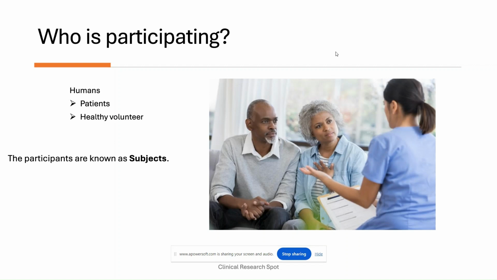It is not the case that everyone can participate in the clinical trial. That means not every patient or every healthy volunteer can participate. We will select some persons to participate in the clinical trial. There is a standard outlining and deciding who can participate in the clinical trial. That standard is known as eligibility criteria, or inclusion and exclusion criteria.